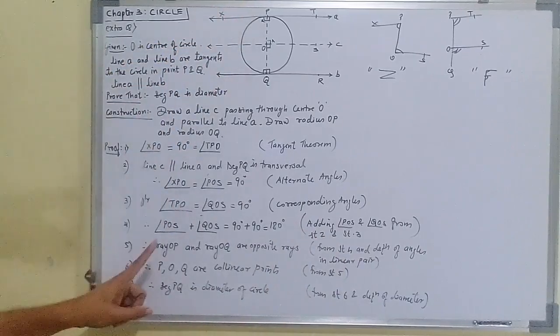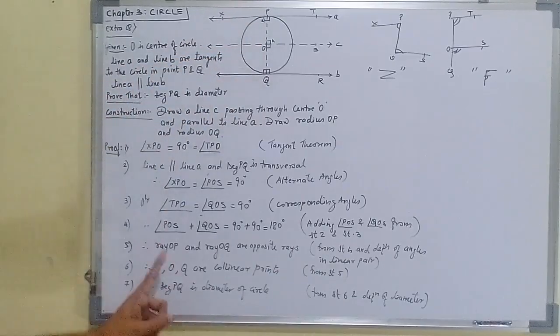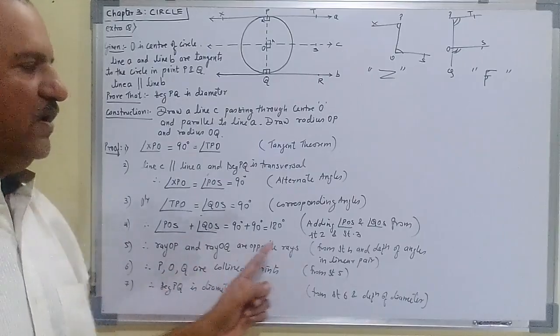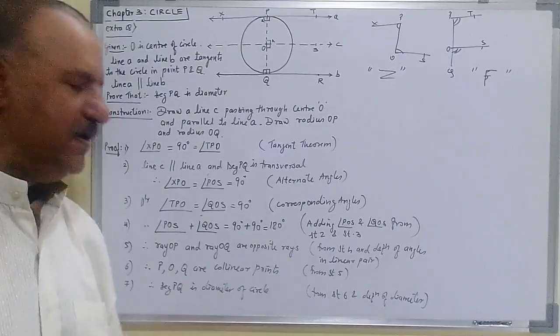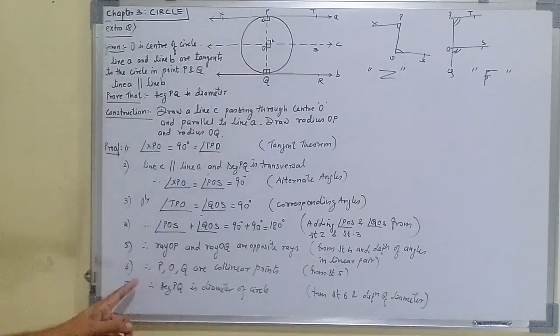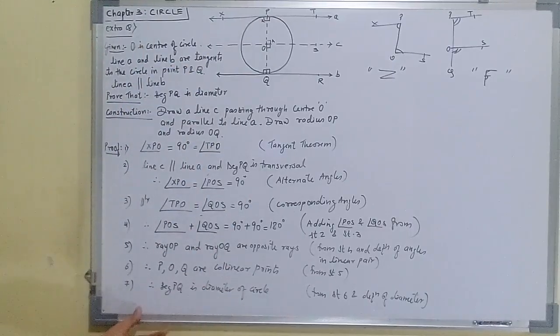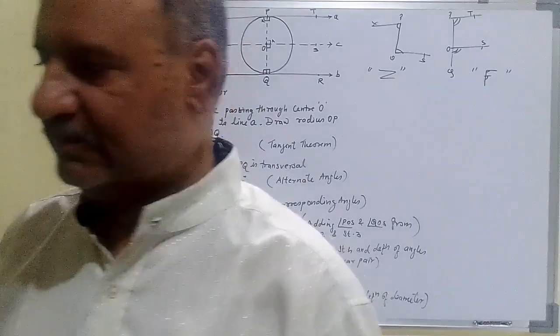Therefore, we can say ray OP and ray OQ are opposite rays, from statement number 4 and the definition of angles in linear pair. Therefore, points P, O, Q are in the same straight line, they are collinear points, and therefore PQ becomes a diameter.